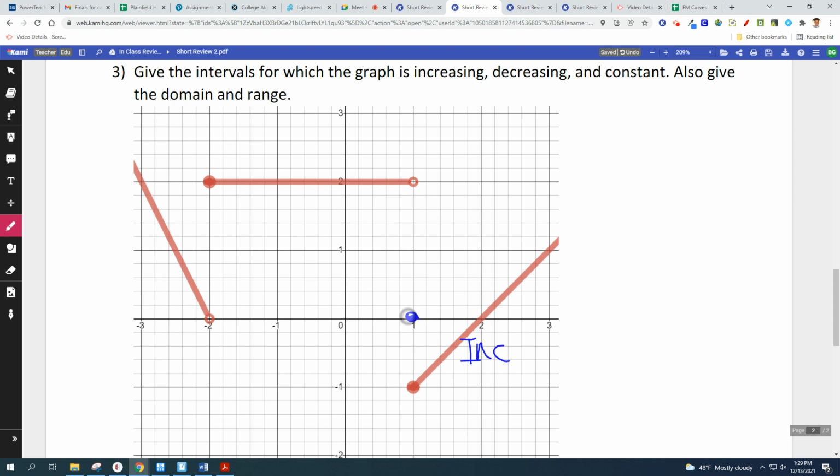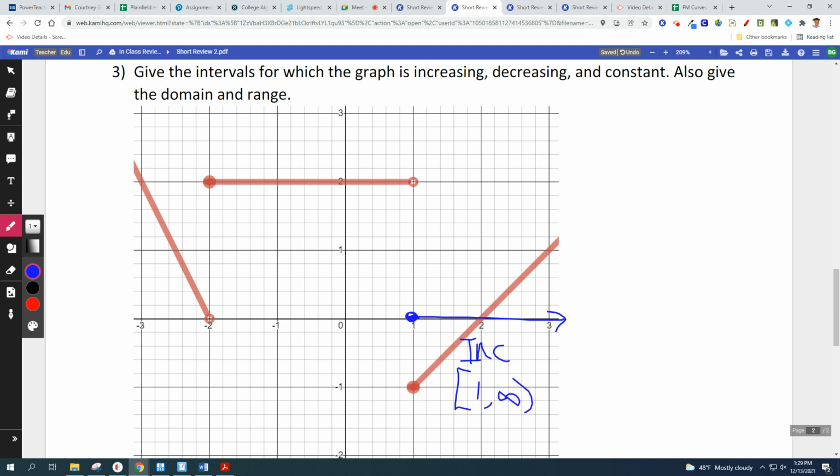And if you look at the x's for this piece, it looks like it's going from positive 1 to infinity. So it's increasing from 1 to infinity.